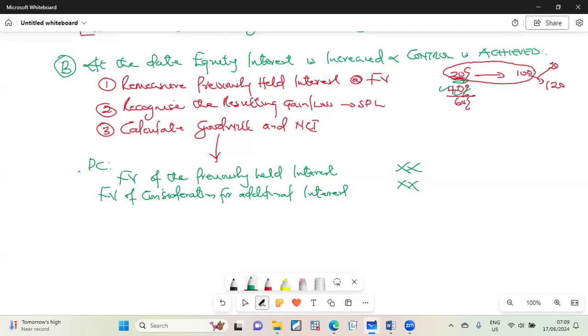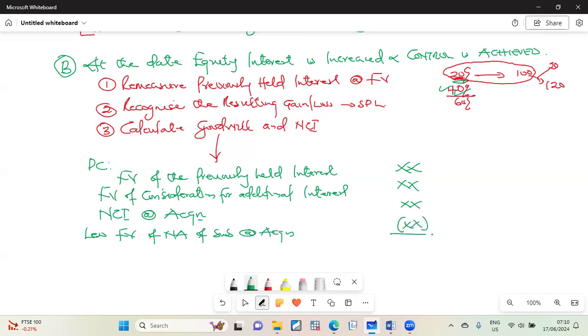What then do we do? As normal, we bring the NCI at acquisition. It can be proportionate, it can be fair value, so we will add that. Then we less the fair value of net assets of the subsidiary at acquisition. Nothing has changed.